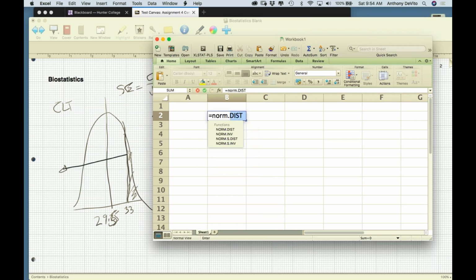I could use norm.dist also. A lot of times there's two versions of these because older versions of Excel use the function called norm dist, and newer versions of Excel they added a function. They added many other functions that had different assumptions or versions, and they put a dot in there to describe them.